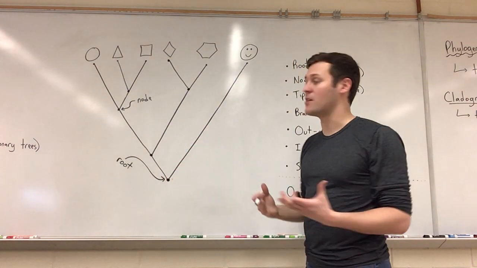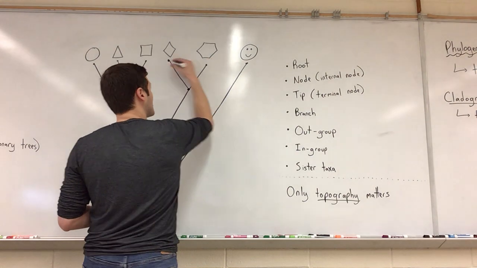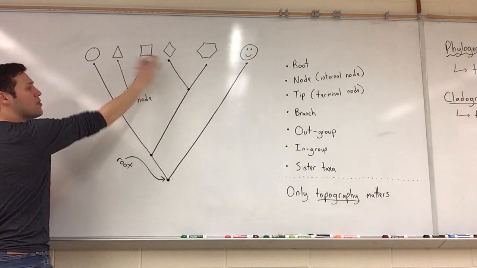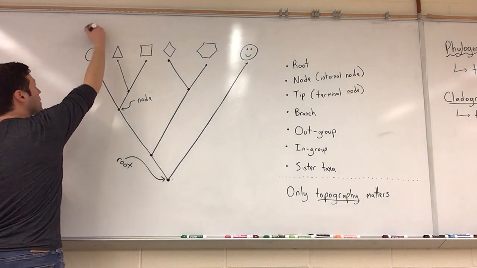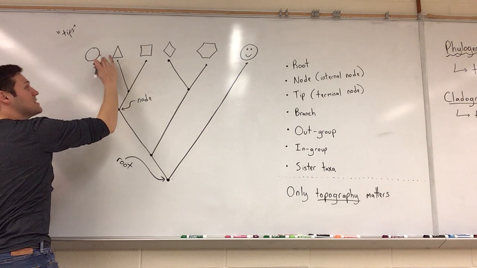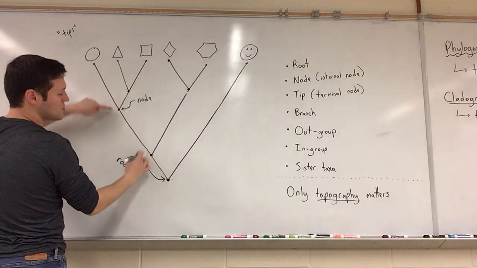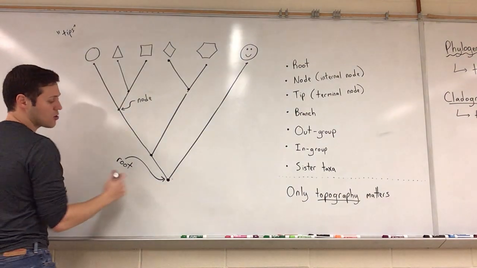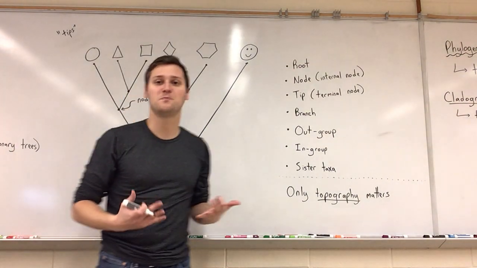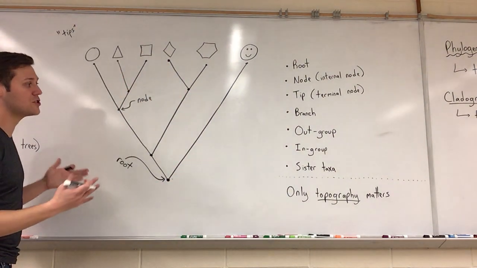Because we also have terminal nodes, which are these guys right here, which are the final species. Those would be terminal nodes or tips. These are just regular nodes or internal nodes. And this is our root, our oldest common ancestor for all of the species depicted. So those are some terms that you should know.